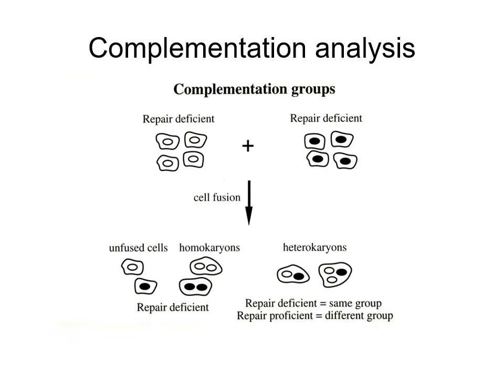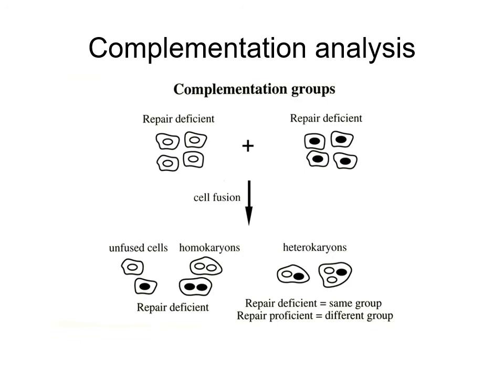So in this example, we have a repair deficient cell with clear white nuclei, another repair deficient cell with dark nuclei. Okay, and that distinguishes one genotype from another. Let's say this repair deficient one on the left is little a. It's deficient in XP protein A. And the one on the right is deficient in XP protein C, for example.